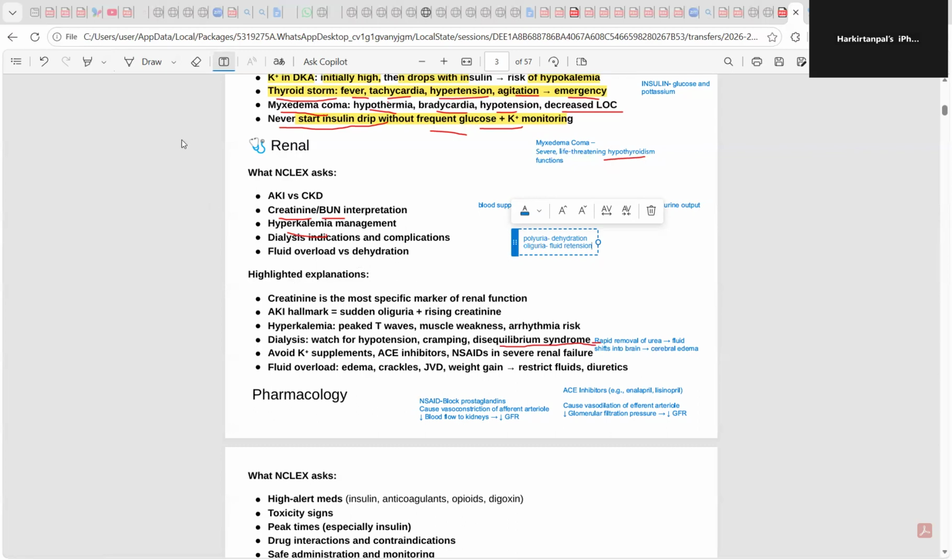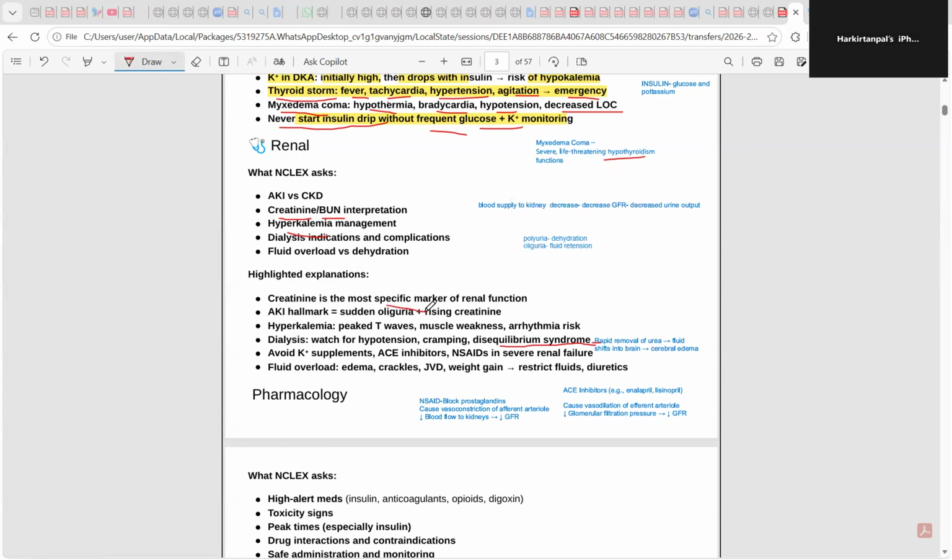Okay, so the specific markers to identify renal perfusion are blood urea nitrogen and creatinine. Creatinine is the most specific marker to identify the function of the renal system. And how can we identify if the patient has acute kidney injury? We check for a sudden oliguria.